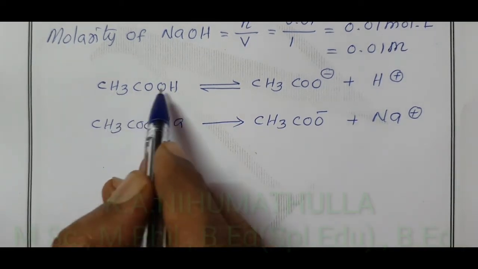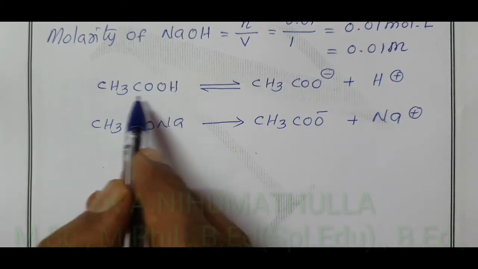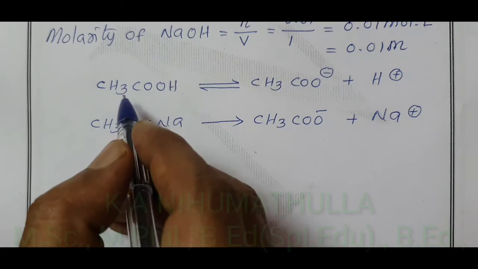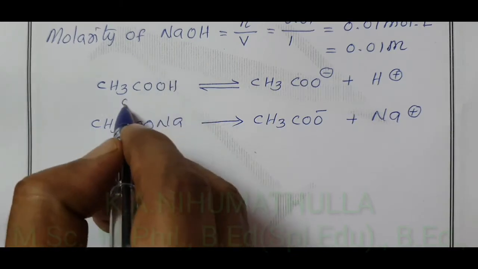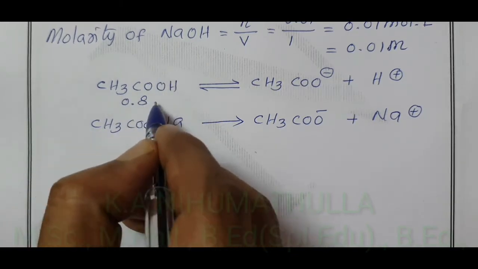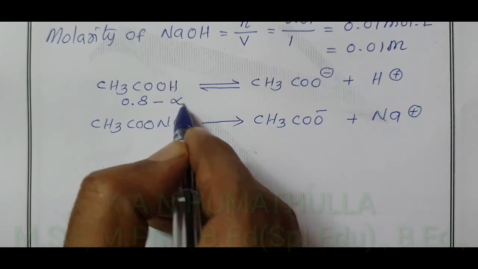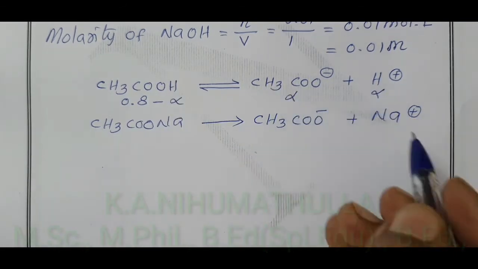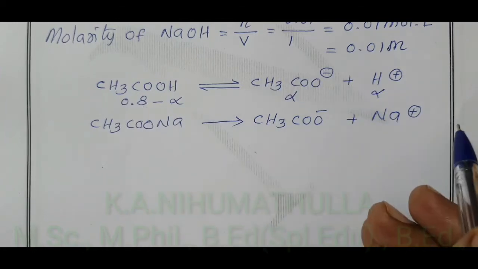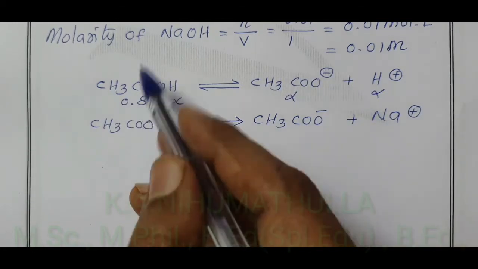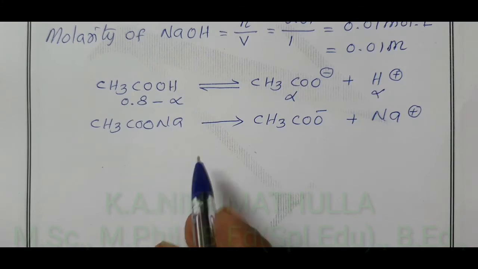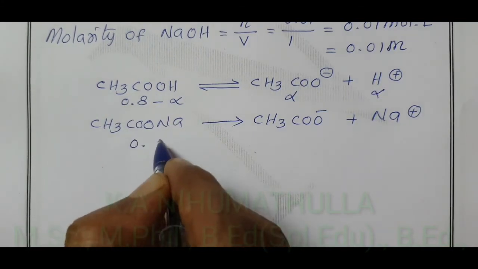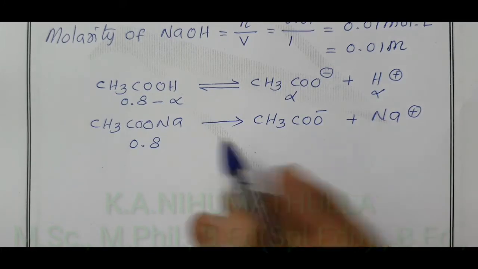The acetic acid dissociation value can be determined by Ostwald dilution law, but the concentration of acetic acid given here is 0.8 minus degree of dissociation alpha. Concentration of sodium acetate is also given in our problem, that is 0.8.